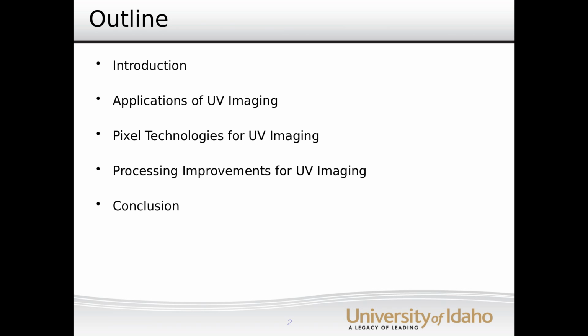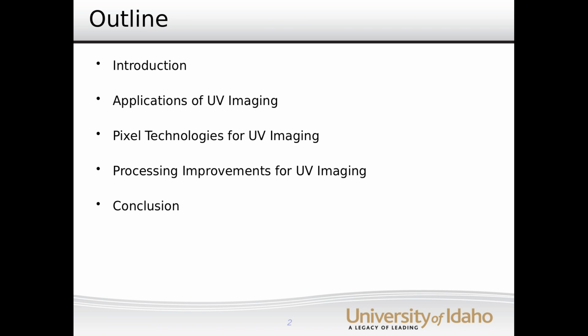Today I'm going to give a quick introduction and some background on shortwave imaging, where we want to take a look at it, and go into some of the light spectrum and photo imaging background there, so that we have a basis of where we're going. I then want to take a look at some of the applications we have for UV imaging, what some of the uses for UV imaging are out in the industry and why we care about it.